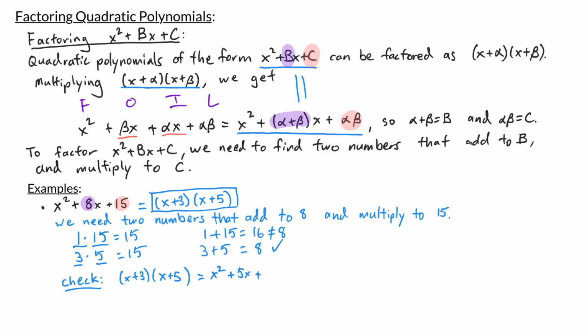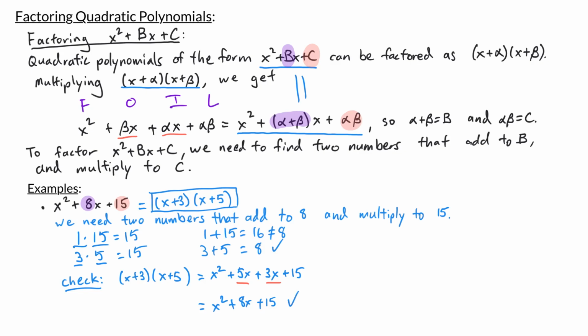The inner terms are 3 and x, so their product is 3x, and then the last terms are 3 and 5, and their product is 15. Combining the like terms 5x and 3x, we get that this is x squared plus 8x plus 15. So this does match up with what we started with.